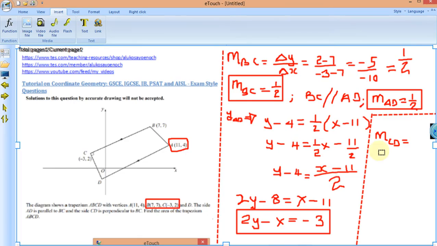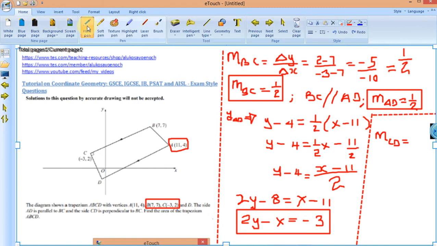Since line CD is perpendicular to BC, the gradient of line CD will be the negative reciprocal of the gradient of line BC. Since the gradient of BC is 1 over 2, minus 1 divided by 1 over 2 will give you minus 2. So the gradient of CD will be minus 2.